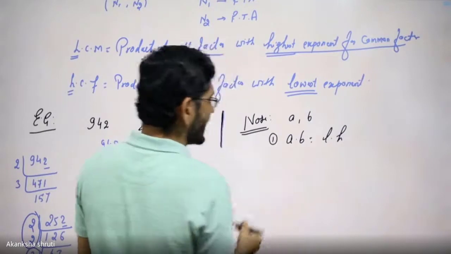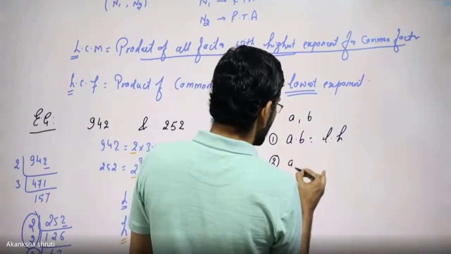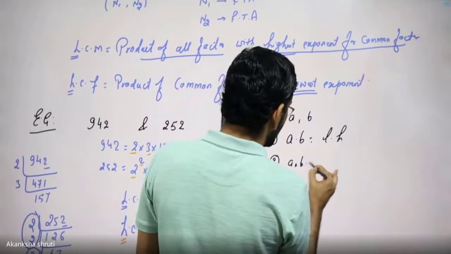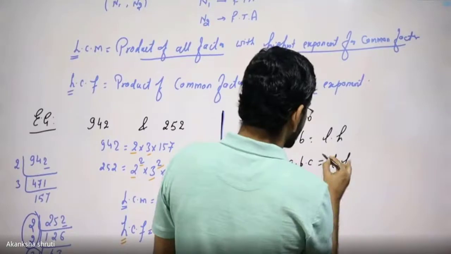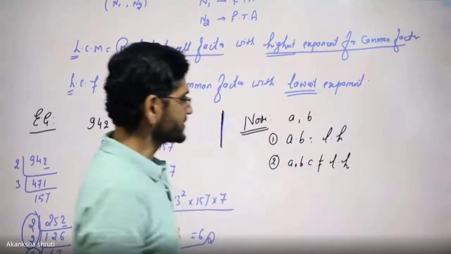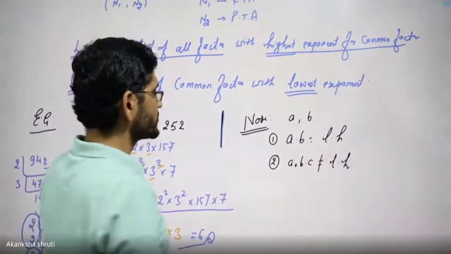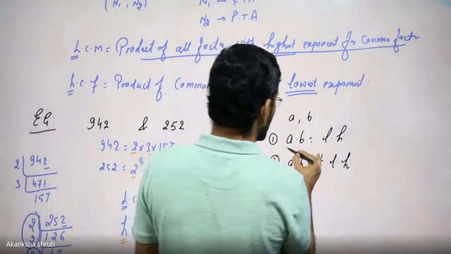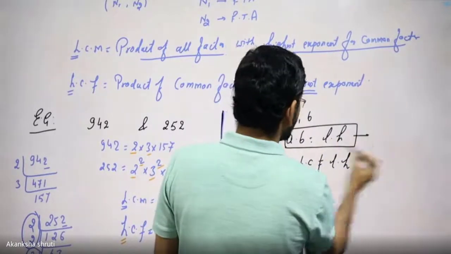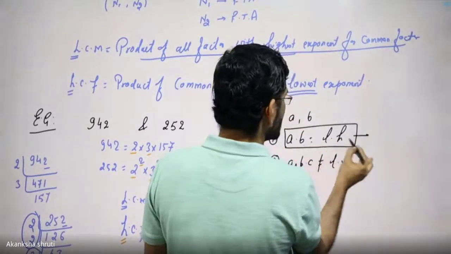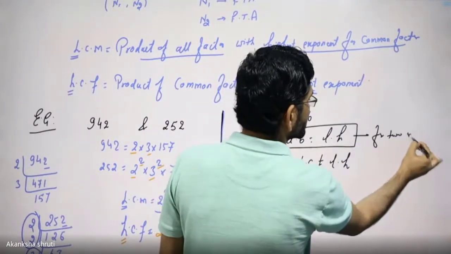Also, please note that if we are given 3 numbers, say A, B, and C, then this is not equal to product of their LCM and HCF. This can be equal only if their HCF is 1. So the product of 2 numbers is equal to the product of their LCM and HCF, provided there are only two numbers. So it is for two numbers only.